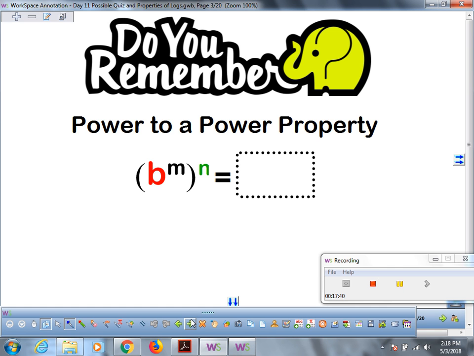Okay, so we've already talked about the powers. We've got 3 properties that we use to manipulate logarithms. We've already learned the power to a power property. In exponents, the power to a power property means b to the n times, right? It's n times.